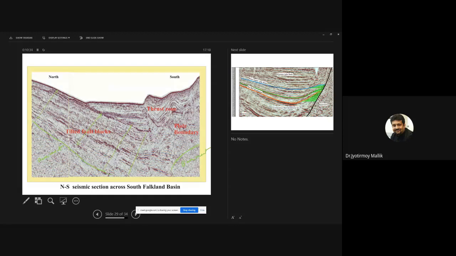so if I just move this part, you now can identify your basement. Now we have figured out my basement.